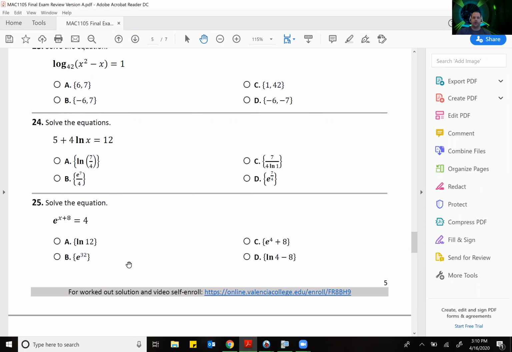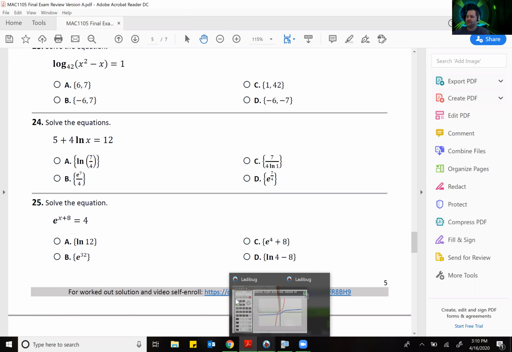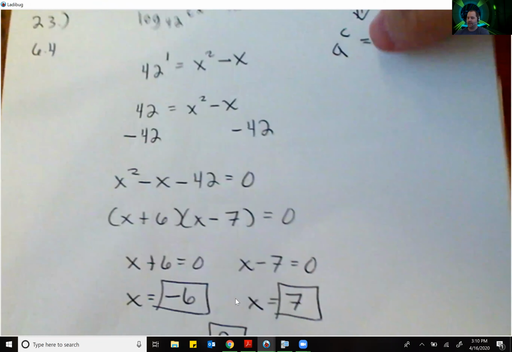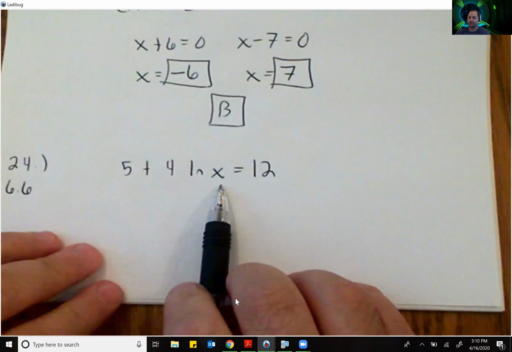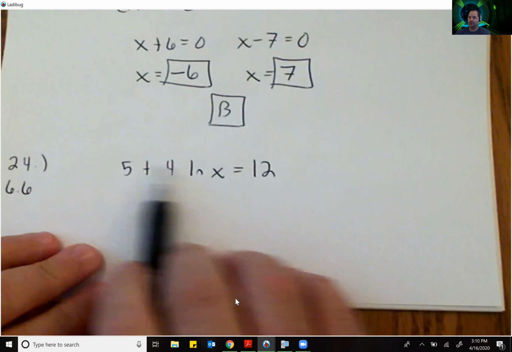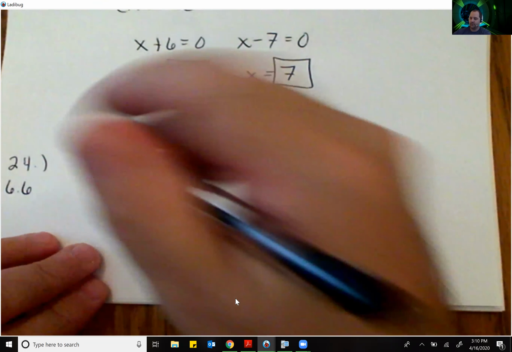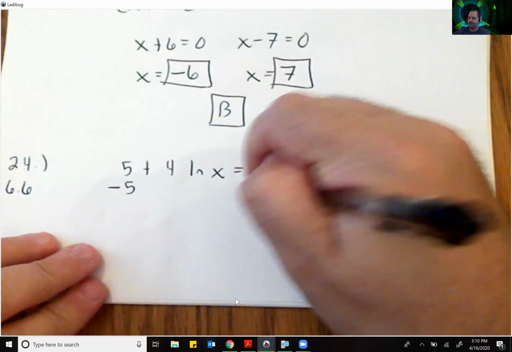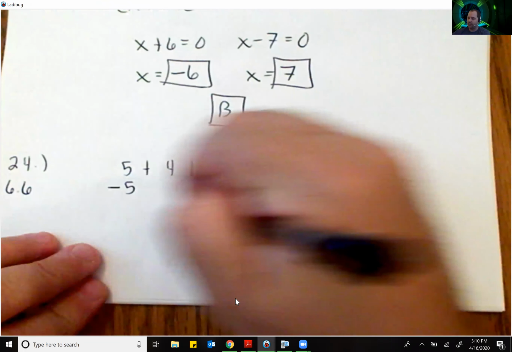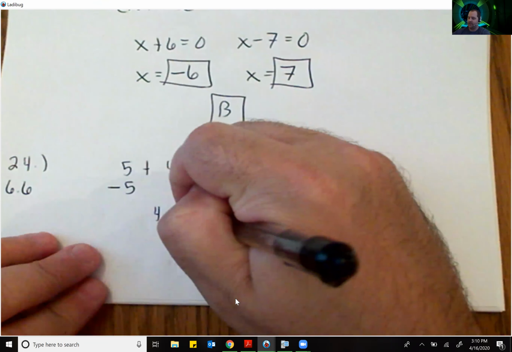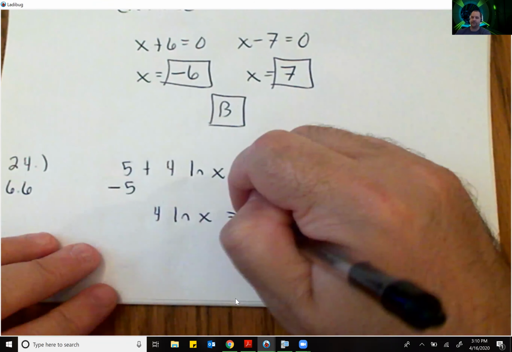All right. So the first thing you're going to do in this is we need to get the ln by itself. So how do I get rid of a positive 5? Subtract 5. So that would be 4 ln of x equal to 7.